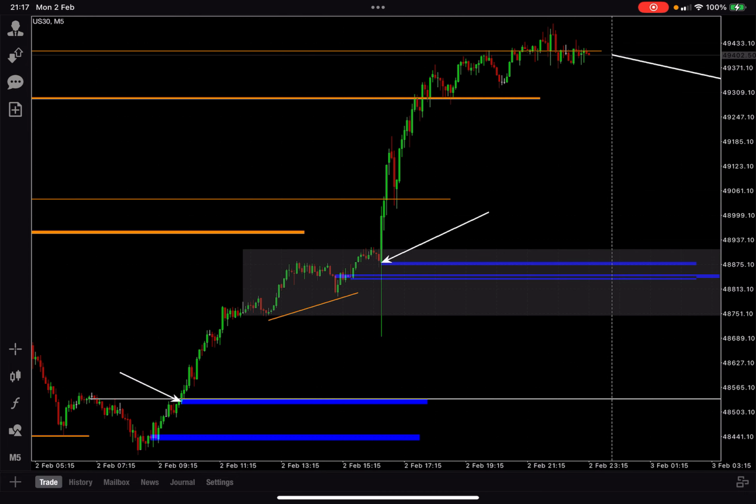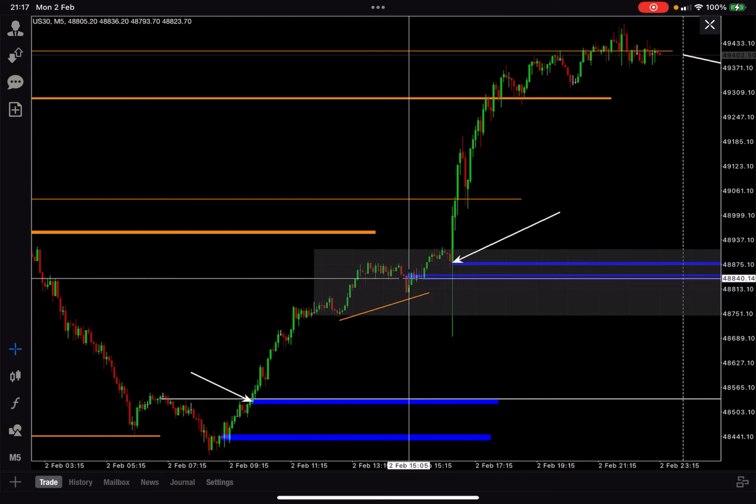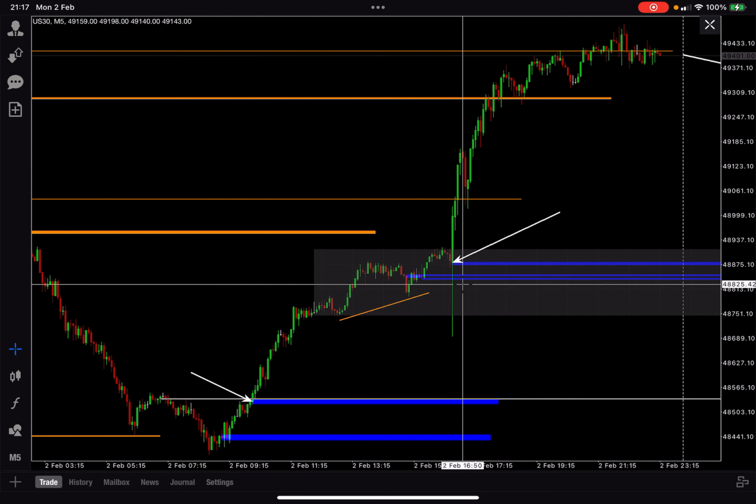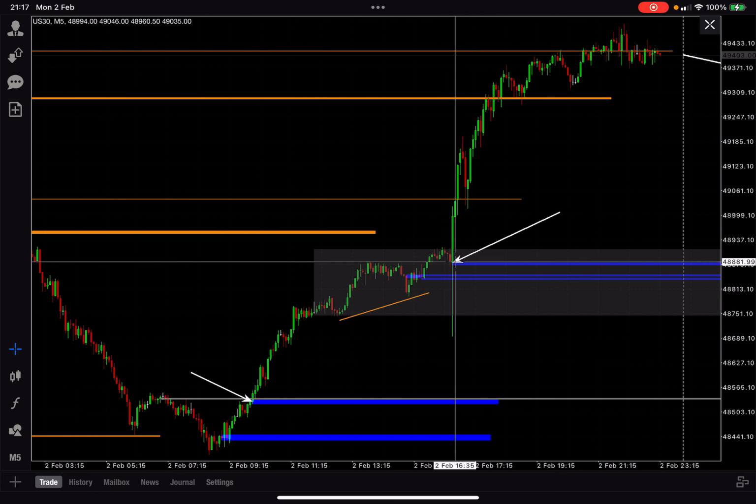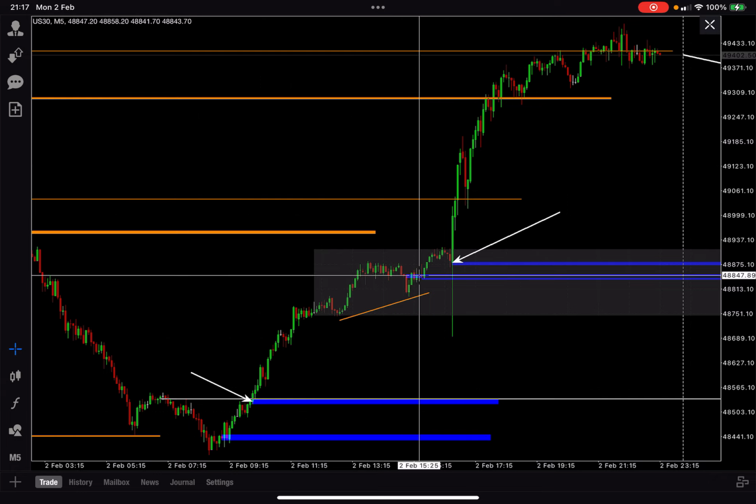Another thing with the New York Open: if you get a push down like this and it is double levels here and then starts rejecting, this push down is a bullish confirmation, because it's pushing down quickly to collect liquidity and then rejecting to show bullish support because it's retesting this area.